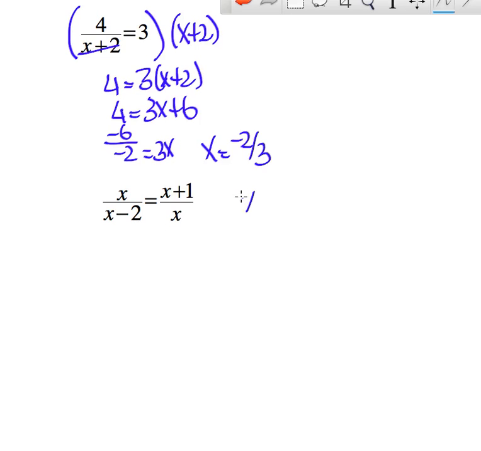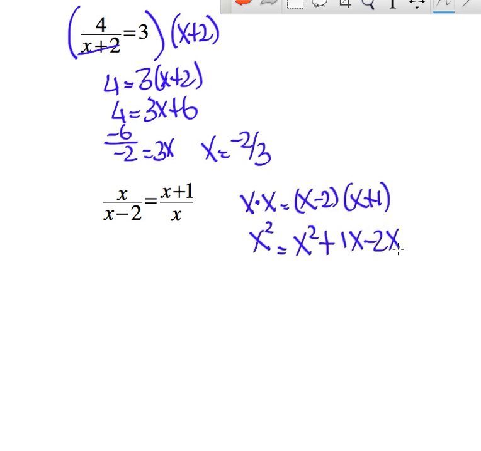So I'm going to do x times x on one side, and x minus 2 times x plus 1 on the other side. So this is an x squared, and x times x is x squared, plus 1x minus 2x minus 2. So we get x squared is equal to x squared minus x minus 2.